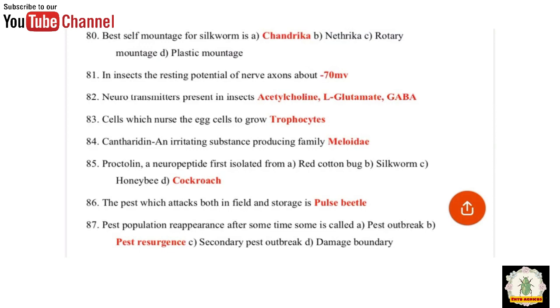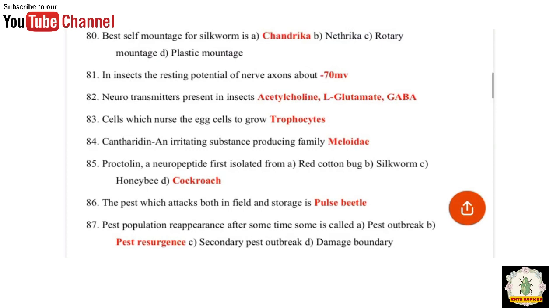Whereas pest outbreak is when an organism which is economically harmful to human beings increases its population more than the ETL. In case of secondary pest outbreak, an insecticide reduces the attack of one pest but further increases the attack of another pest.